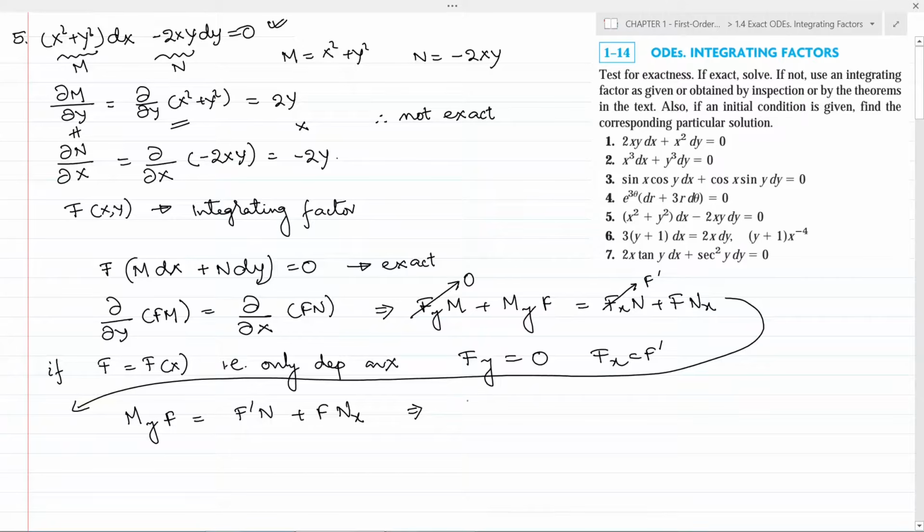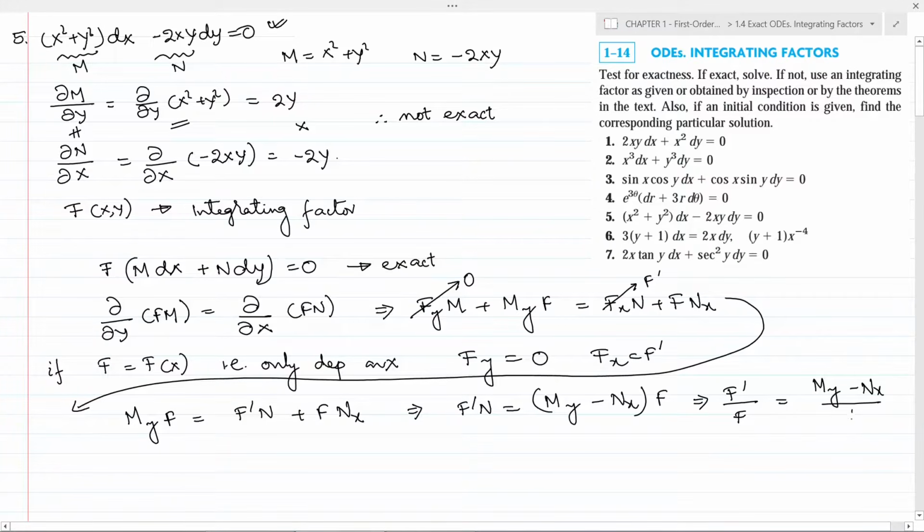which implies f dash N equal to M_y minus N_x whole into f, which implies f dash by f equal to M_y minus N_x divided by N, and from here we can write f dash by f equal to M_y, which is del M by del y, which we have calculated here, it is 2y.